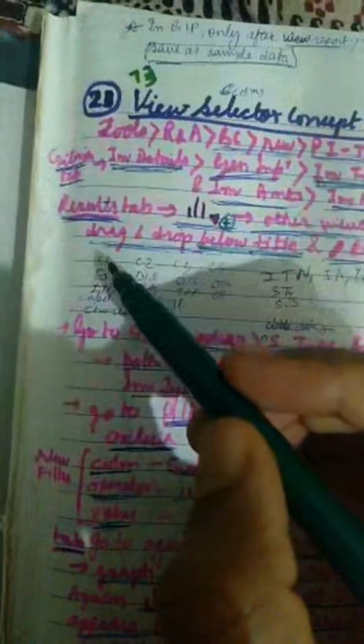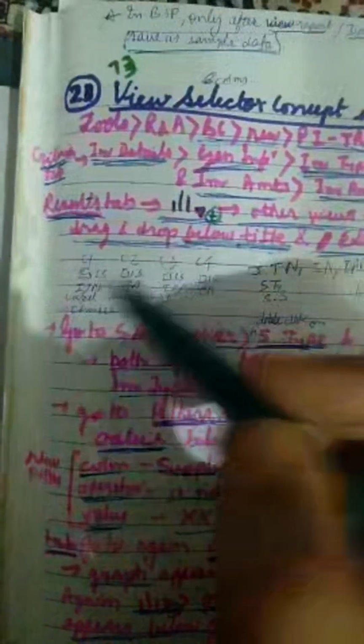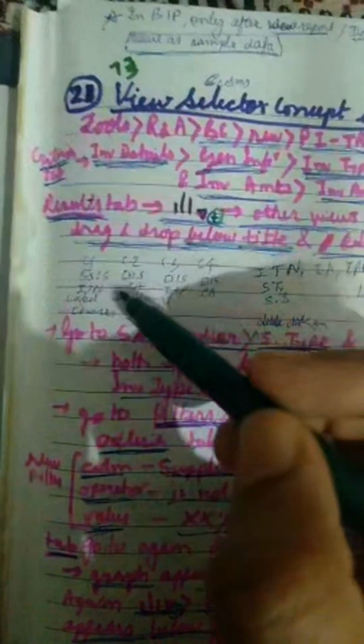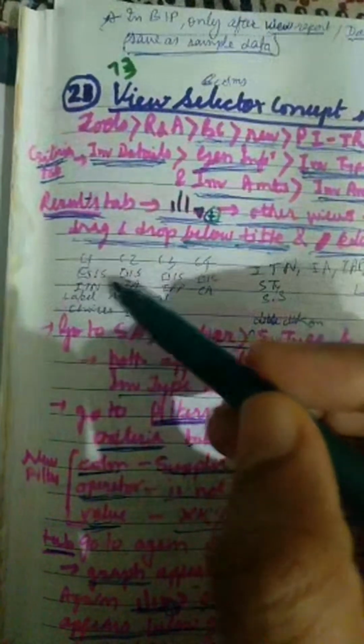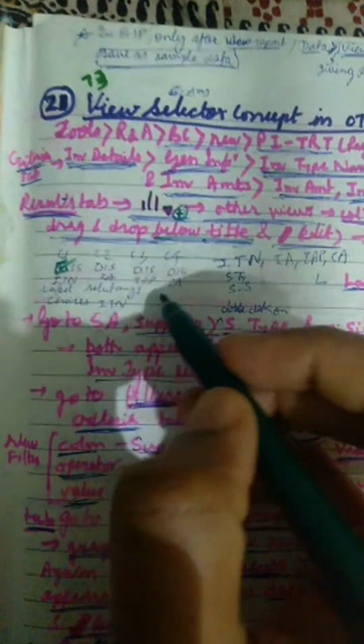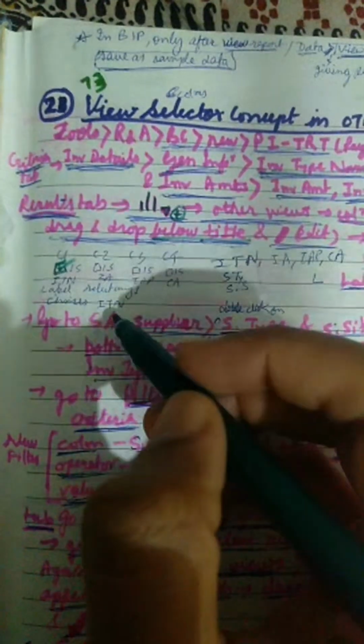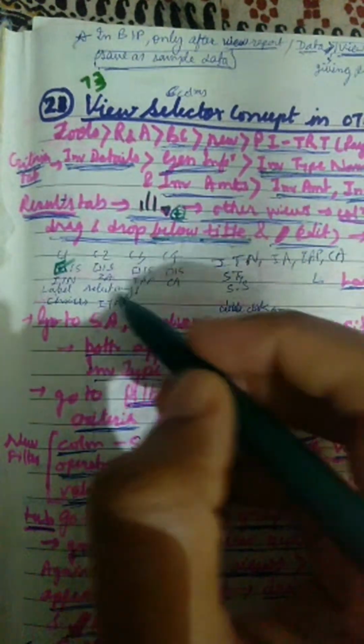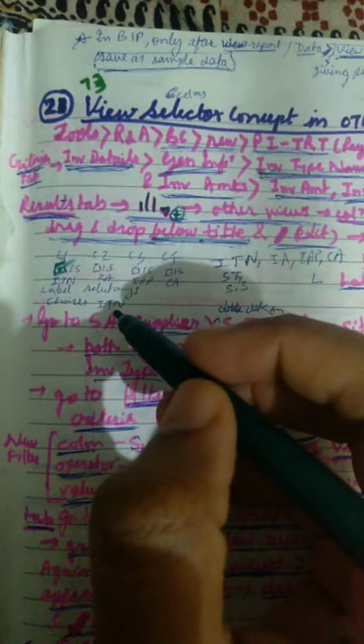See, the column names come as column 1, column 2, column 3. Then you have IS, like the include selector checkbox. So for the first one, ITN, invoice type name, I have checked this. Then after the checkbox comes the actual column name. Then comes the label for each one. Then come choices. So in the choices, only one is selected, so only ITN, invoice type name, has come.